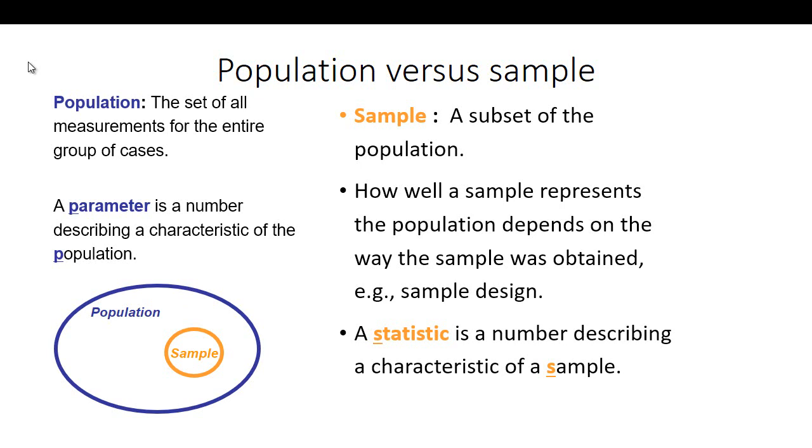So we use the proportion based on the sample as an estimate for the proportion for the entire population of voters. A statistic is basically an estimate for a parameter.